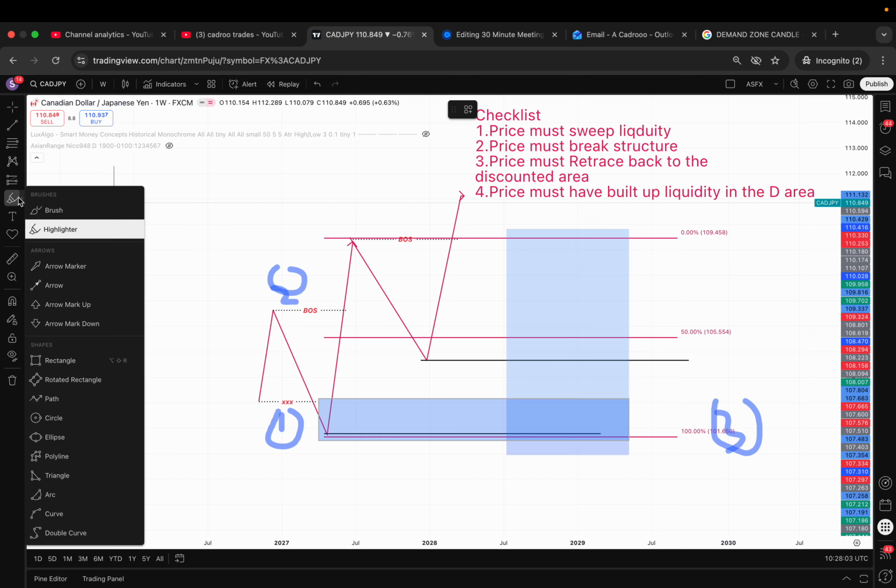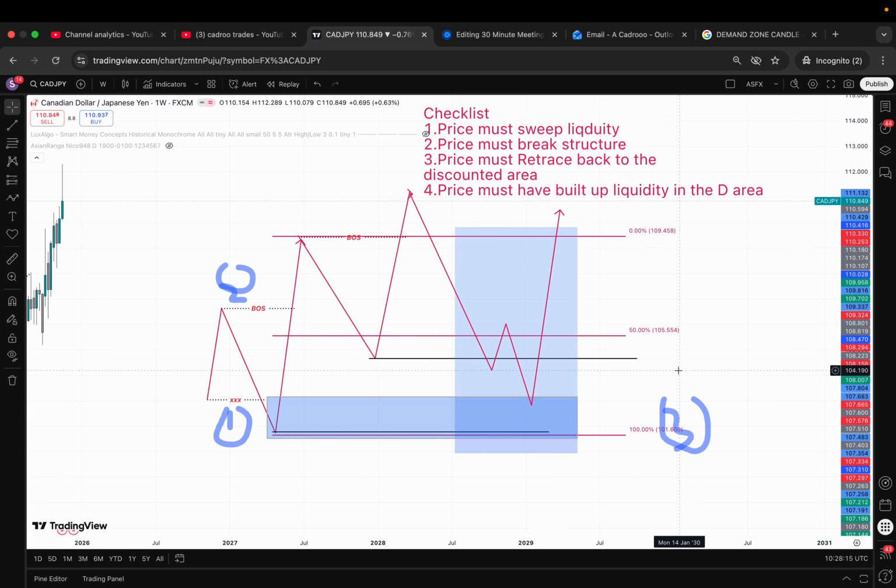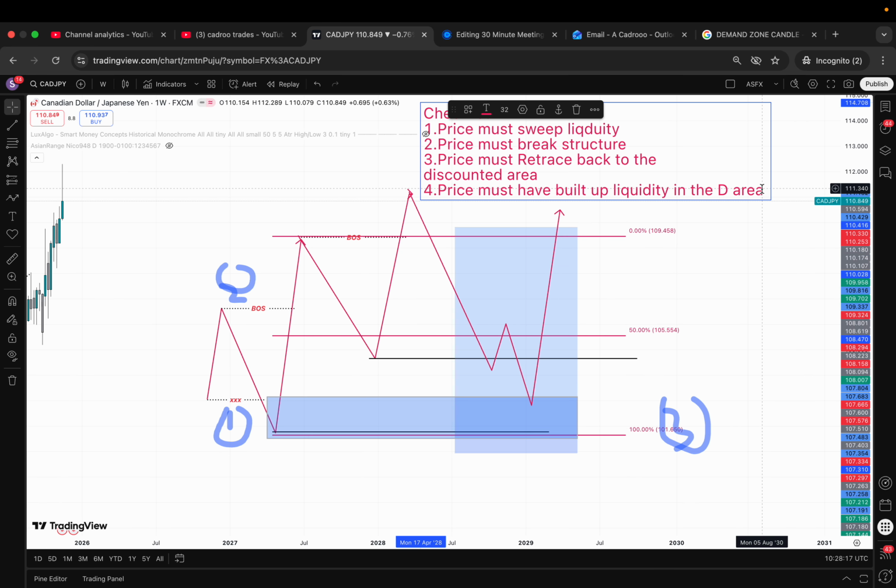And then now what do you expect? You expect price to take this out and tap into our zone and fly up. As simple as that. Basically that's it.